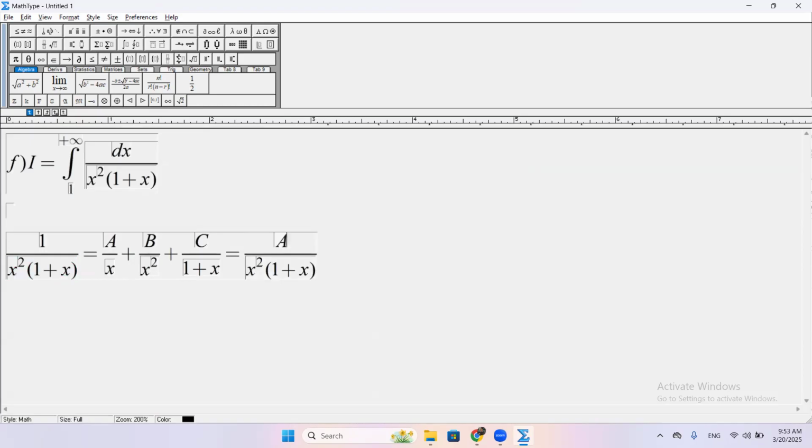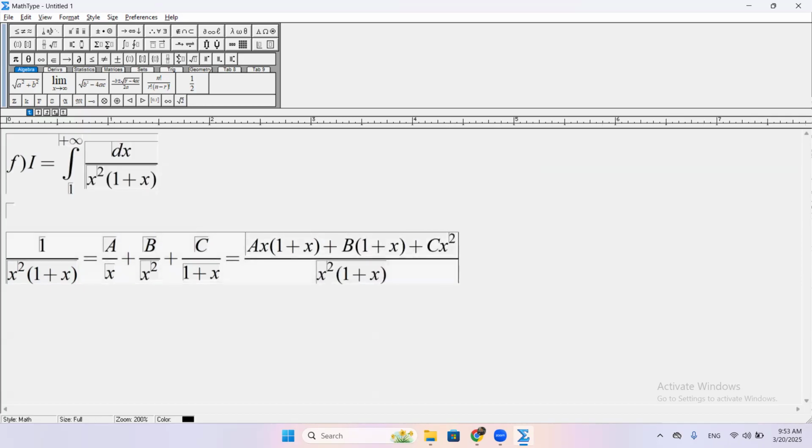So what do we have? Ax times 1 plus x plus b times 1 plus x plus cx squared. Now expand the brackets and regroup the coefficients according to the degree of x.